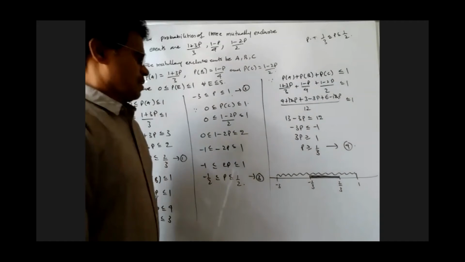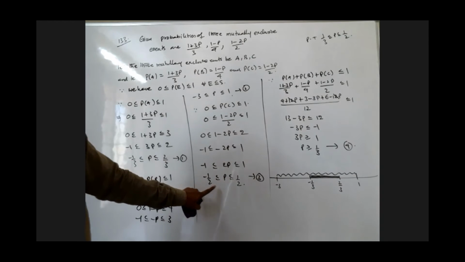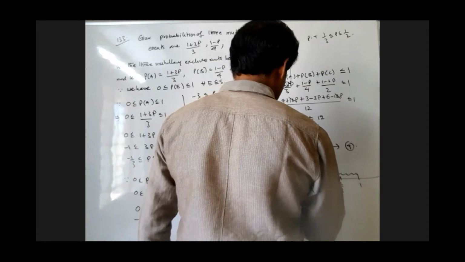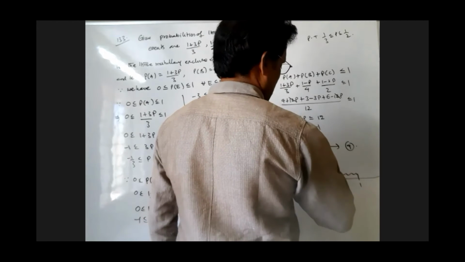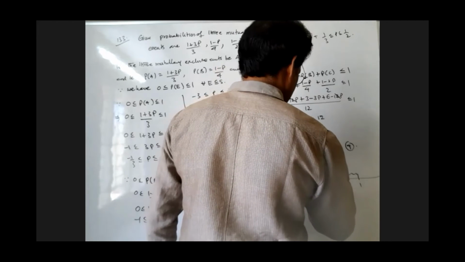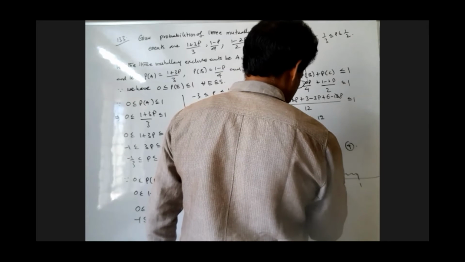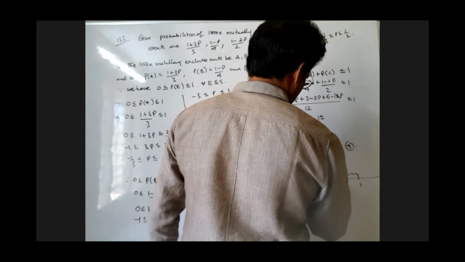Next interval is minus half to plus 1 by 2. Half is here, minus half here. 2 by 3 is 0.6 here, and 1 by 2 is less than this. For that I'm using slashes so that you can understand better.